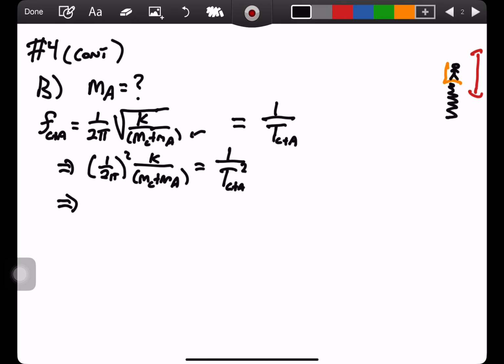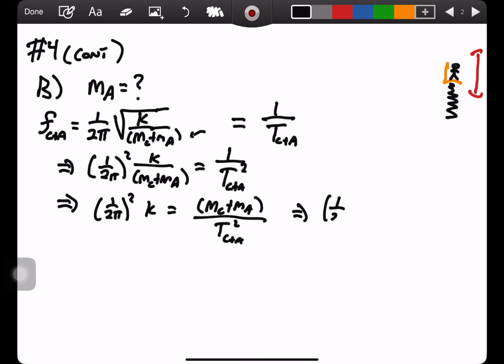So I'll have 1 over 2 pi squared k equals mc plus ma divided by t c plus a squared. And now I multiply both sides by the period of c plus a squared, such that I'll have 1 over 2 pi squared k t c plus a squared equals mc plus ma. Getting close to isolating ma now.